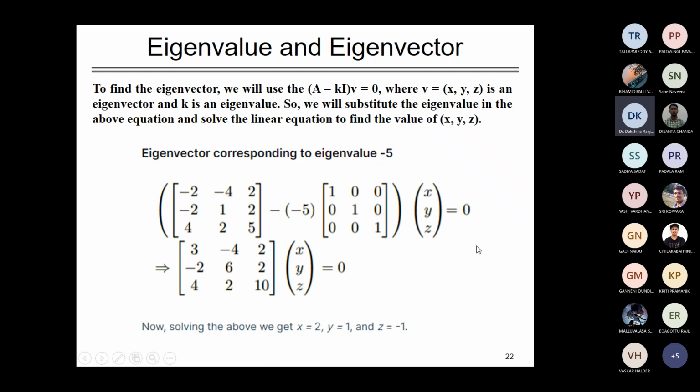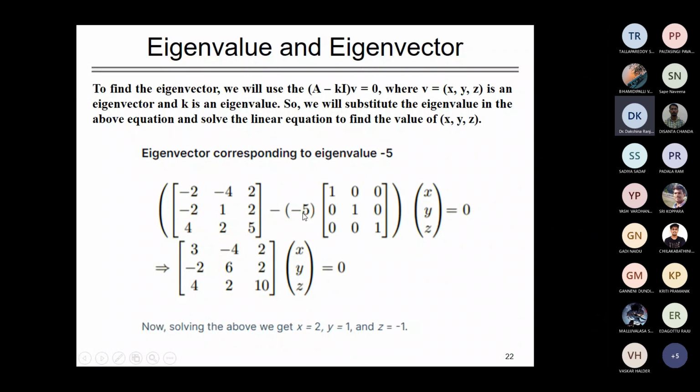Here we are taking the transpose of this x, y, z. Now we have to solve this linear system of equations, and after solving we will get x equals 2, y equals 1, and z equals -1.